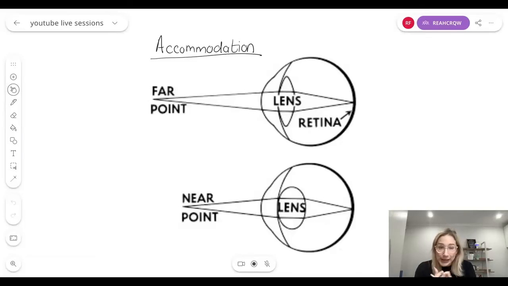Now I'm going to quickly stop because Brooke has asked a question. Please, can you clarify the vitreous and aqueous humor? I always confuse them. I know a lot of pupils struggle with the two. And I think the easiest way to remember the difference is the consistencies, right?